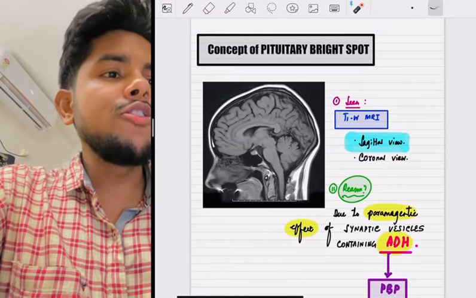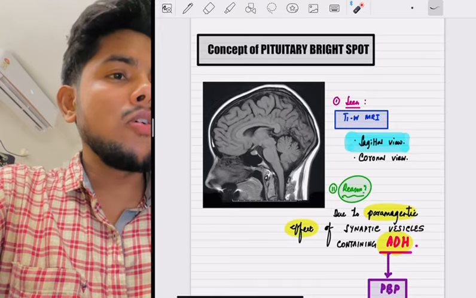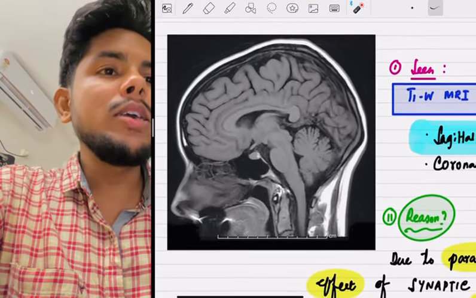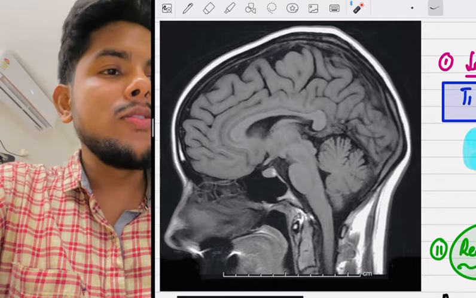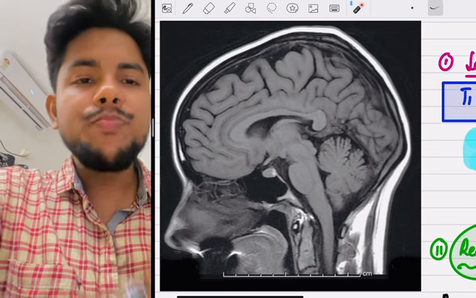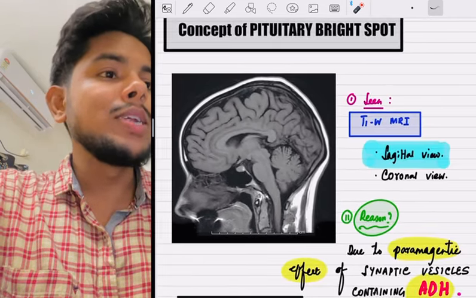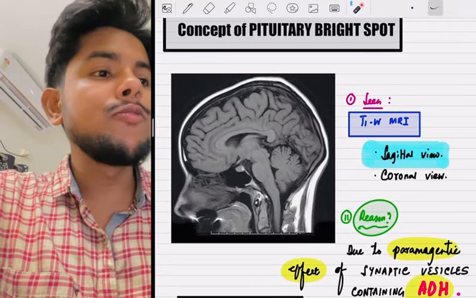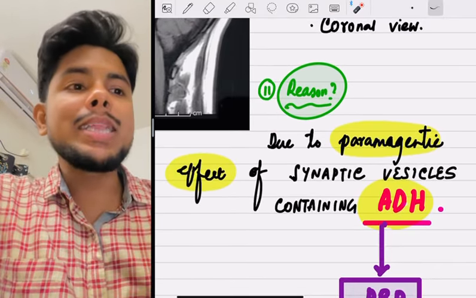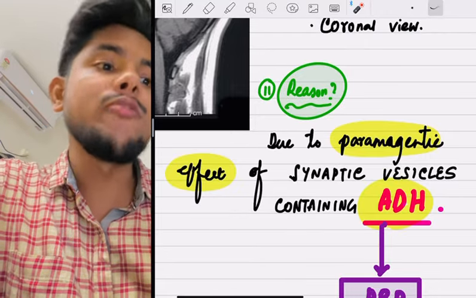Now, I want another important concept to be very clear, and that is the concept of the pituitary bright spot. Often when you see an MRI, we can see this white spot, and this white spot denotes the posterior pituitary gland, and we find it on T1 weighted MRI on sagittal as well as coronal view. The reason for this white spot is the paramagnetic effect of synaptic vesicles containing ADH or vasopressin.